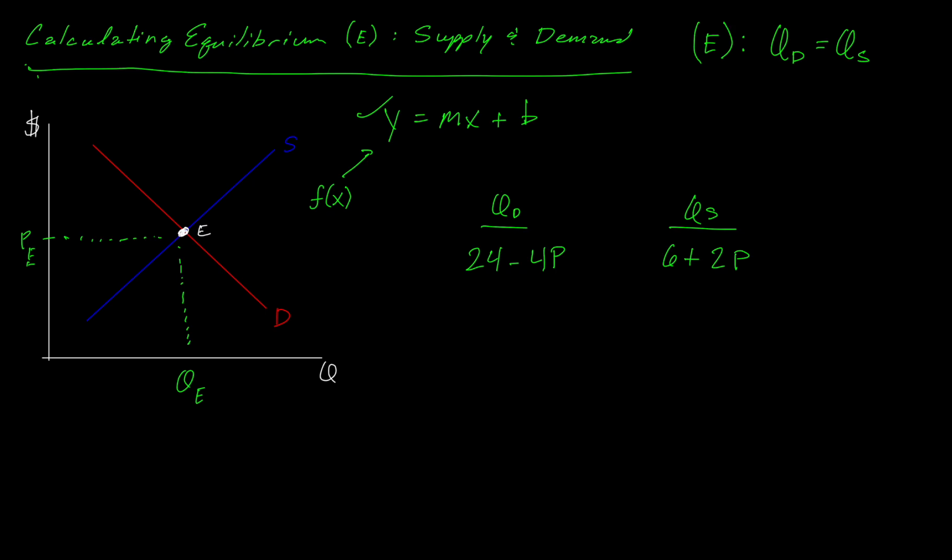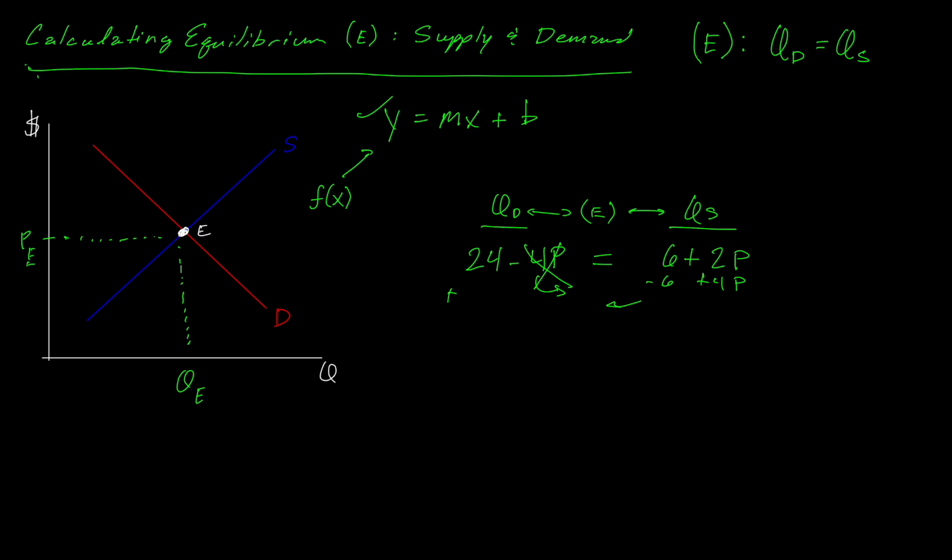And if we want equilibrium, this is where we set them equal to each other. So let's set these two equations equal to each other. Now, with a little bit of algebra, let's just move this 4p over to the right side, so we'll cancel that out. We'll add 4p, and subtract this 6 and bring it over here.